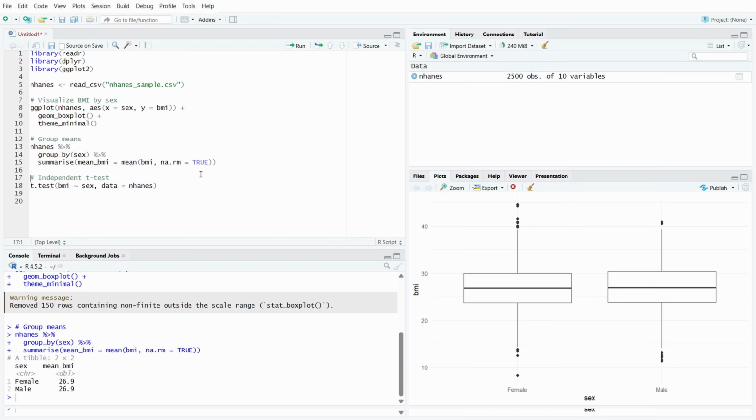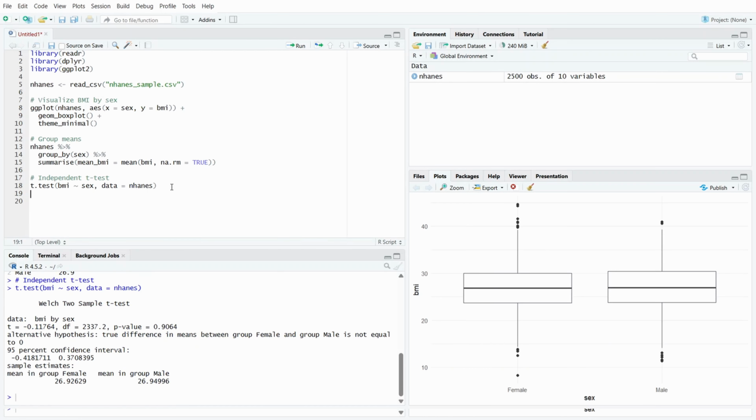Let's say we are trying to answer the research question: is average BMI different between males and females? To do this, we would run an independent t-test using t.test(BMI ~ sex). This tests whether the mean BMI differs significantly between two independent groups, in this case, males and females.